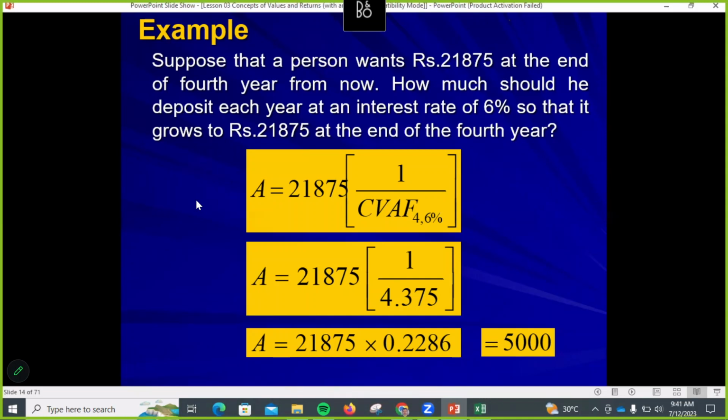Suppose that your parent wants to build a house for you, for your wedding. So how can you do that? Say 10 million is needed. At the end of the 10th year, the 10 million should be ready to buy or build a house.